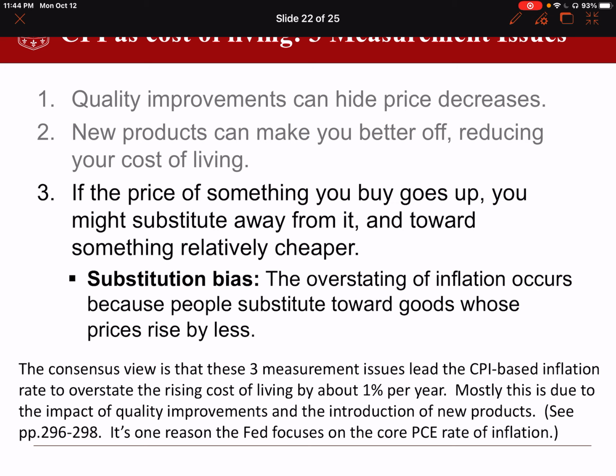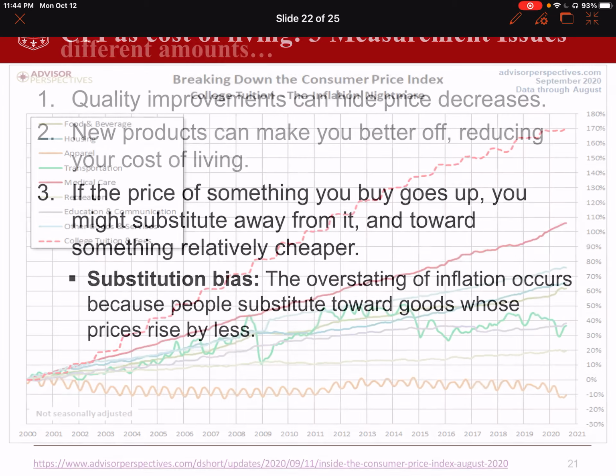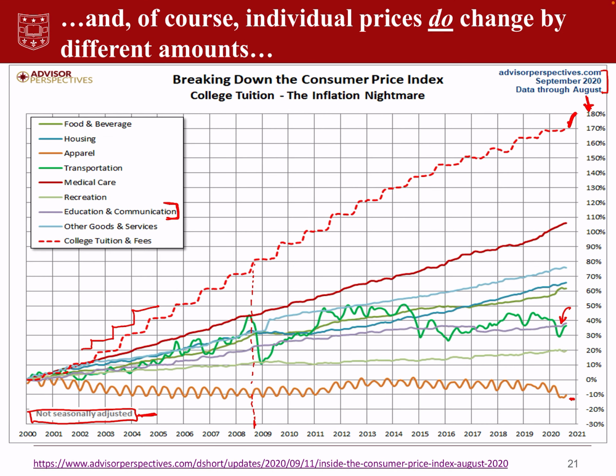I might look at this slide back here and say, well, I fall into a household that is comprised of somewhat older people, my husband and I, and he tends to consume a lot in the way of medical care. And so the fact that medical care prices are rising pretty dramatically compared to the overall CPI.